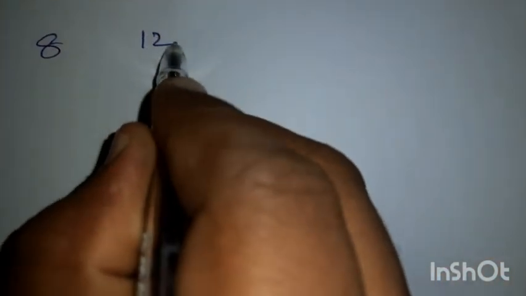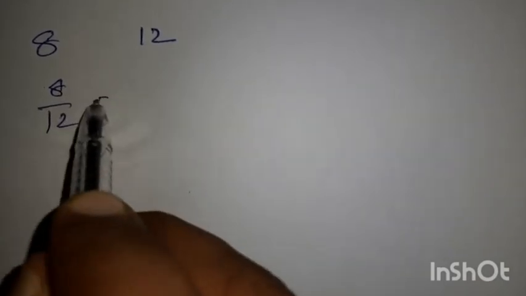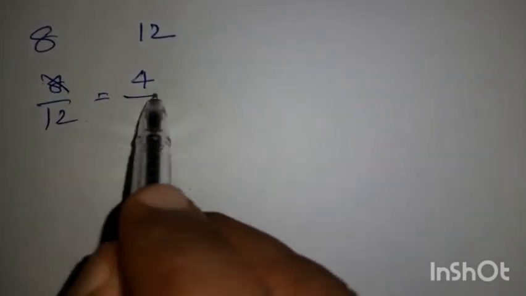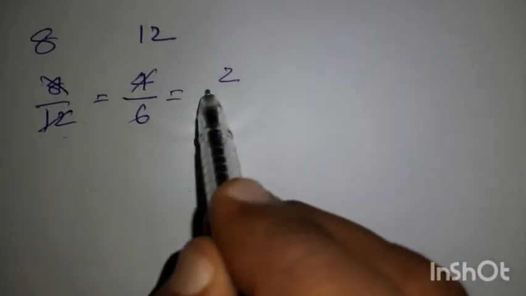8 and 12. So 8 and 12, which is a common number to divide it, 4 you can take. So 8 by 12. You can divide with 2, 8 gives 4, then 12 if you divide with 2 you will get 6. So again you can divide with 2.